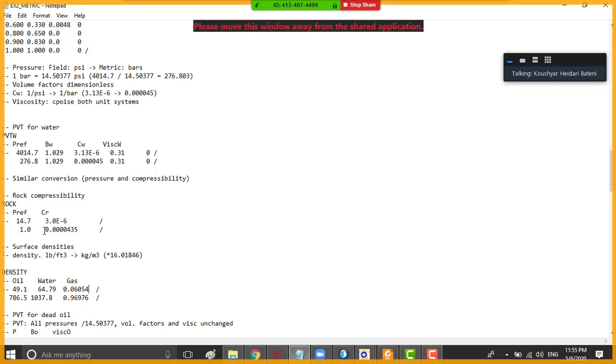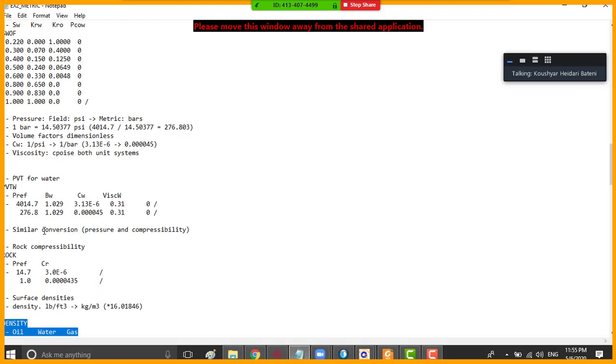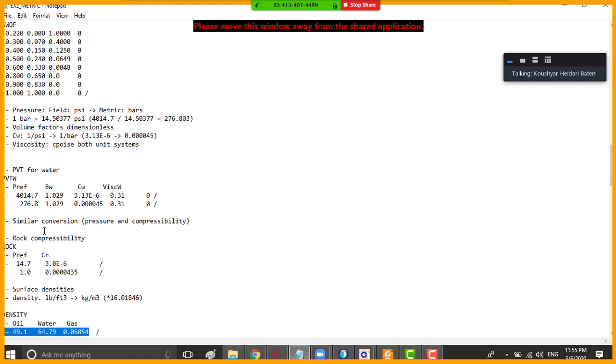All of this data that you see in the PROPS section and in the GRID section is data that is the result of laboratory experiments.